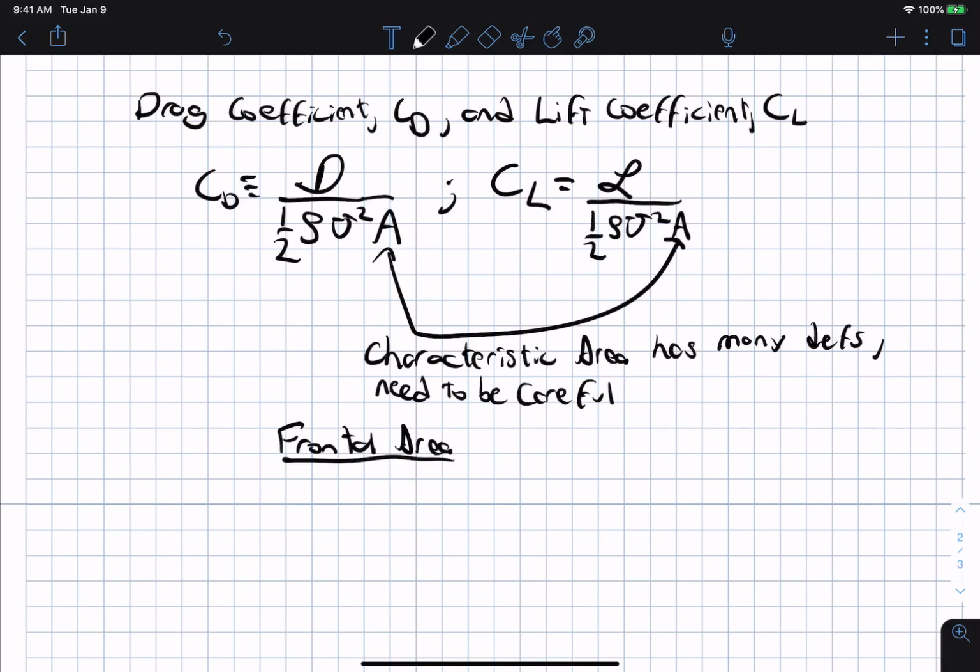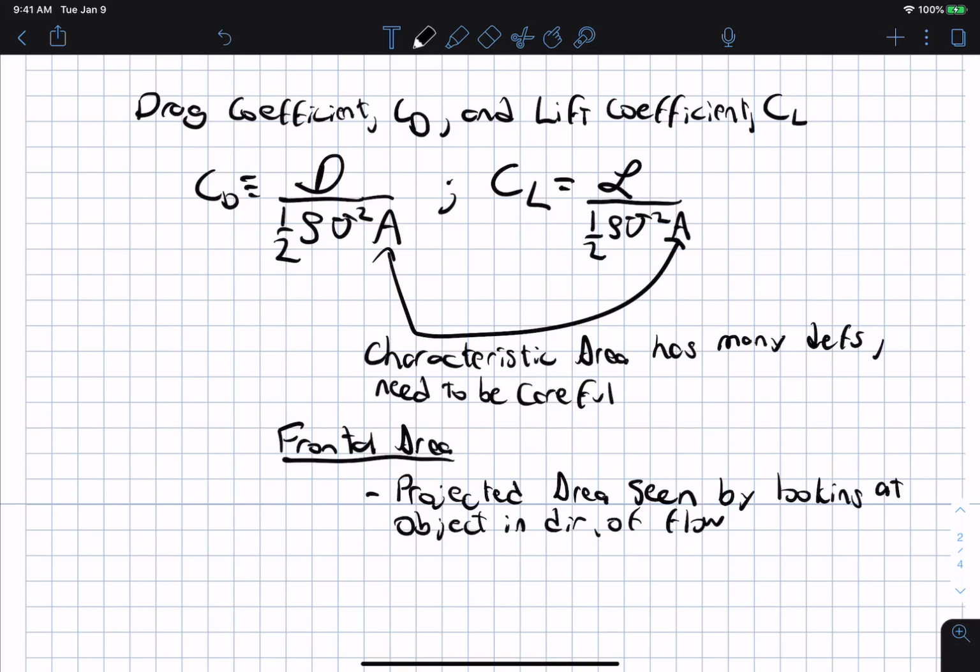That is the projected area seen by looking at the object in the direction of flow.